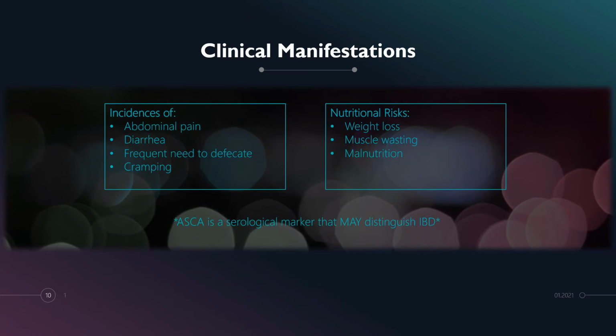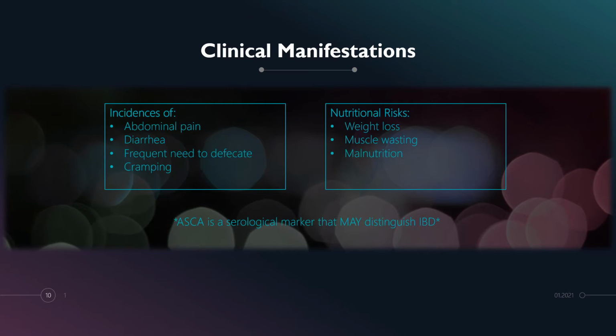Interestingly, there is some research, although not a lot of it. They have found that there are serological markers that include antibody testing that can distinguish IBD from other GI diseases. This antibody is the ASCA antibody, and it may be specific to Crohn's disease.